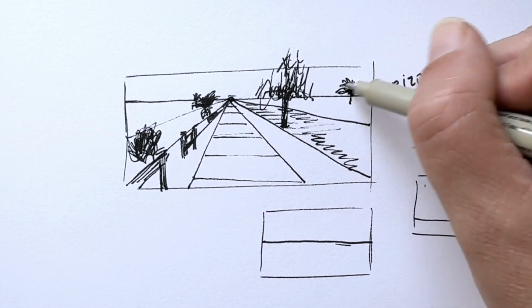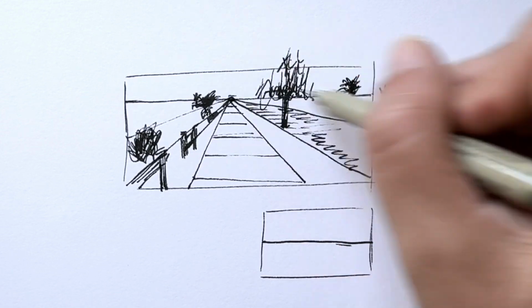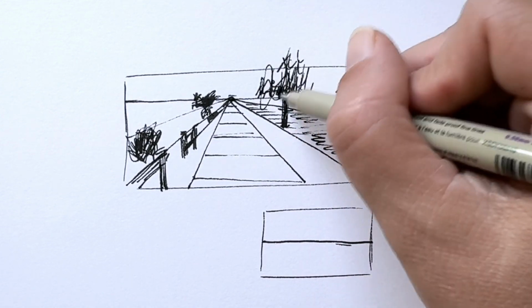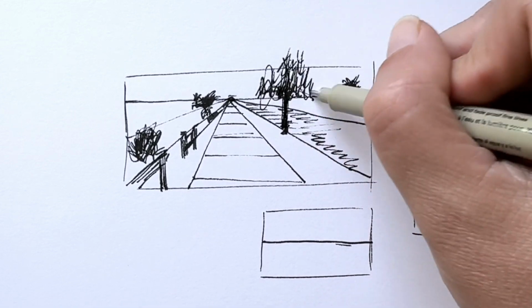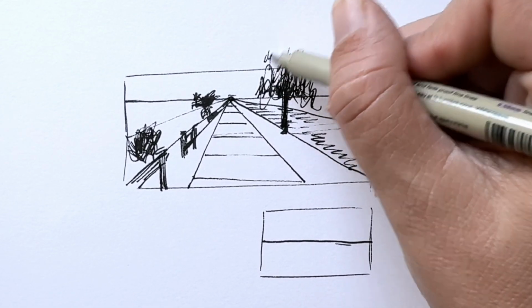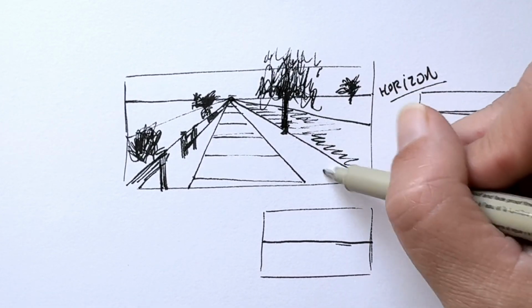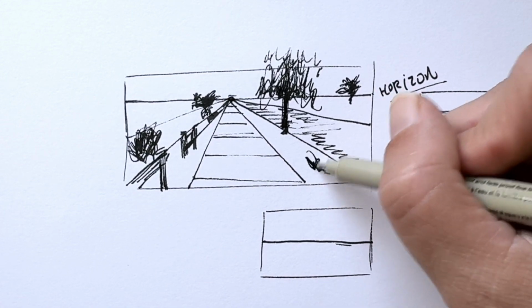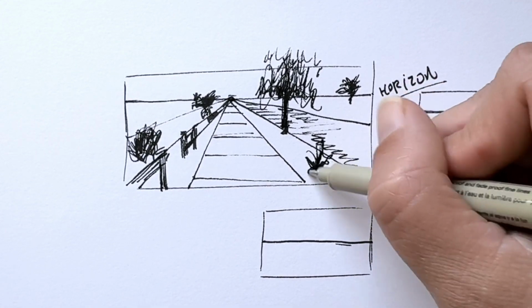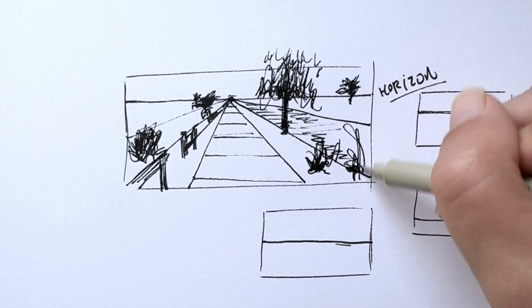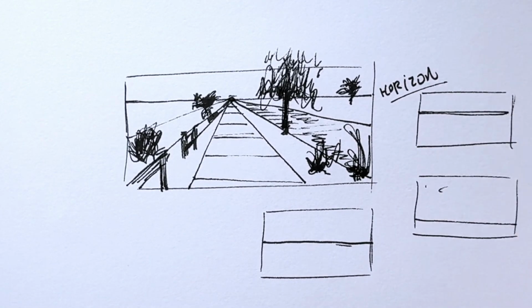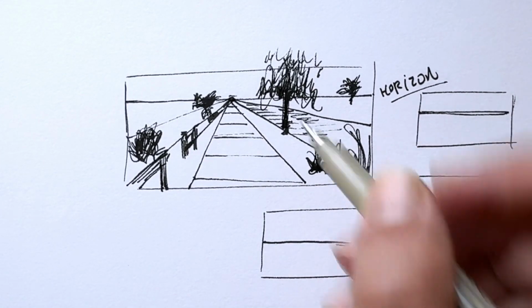So that's the other thing to remember: when things are further in the distance, they're going to be smaller. When things are closer to you, they're going to be bigger. And this is just a little shrub right on the ground down here. That's 1-point perspective.